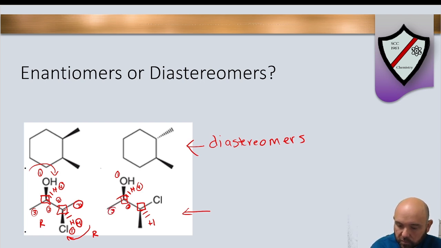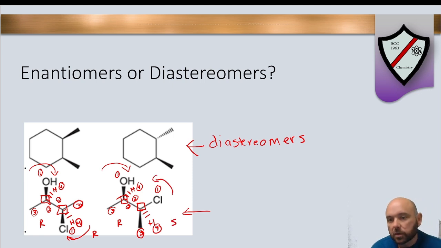So that would twist this way. This would be an R configuration carbon. For this one, the chlorine would be 1, the longer tail would be 2, and the methyl group would be 3. That orients 1, 2, 3 counterclockwise, so that would be S.